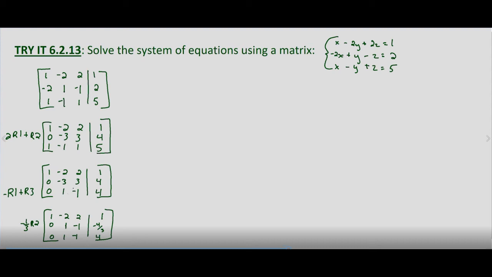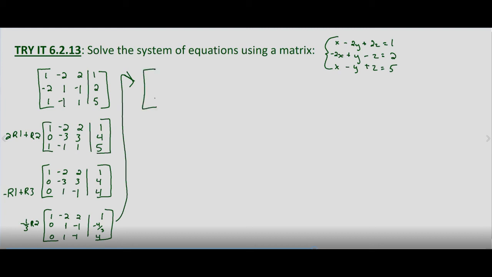So what's our next step? We have a 1 in the second row, second column, and now we want a 0 below it. So we want this third row, second column to be a 0. How do we do that? Well, if we multiply our second row by -1 and add it to row 3, then we'd end up with -1 plus 1, which would be 0. So let's go ahead and do that.